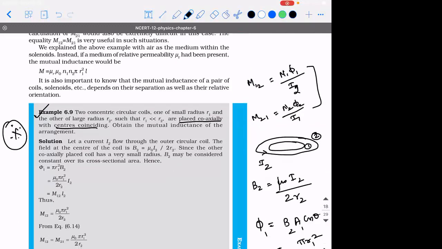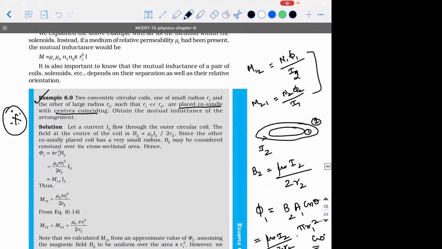Okay. But here they told R1 is very much lesser than R2. Means the magnetic field that is generated due to this first coil will be almost present within the first coil itself. You could have written that, but what you told is right. I'm 100% agreeing.